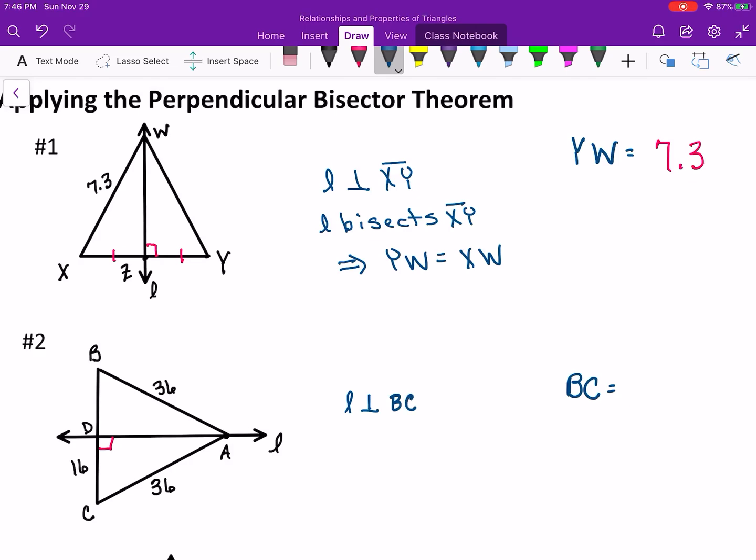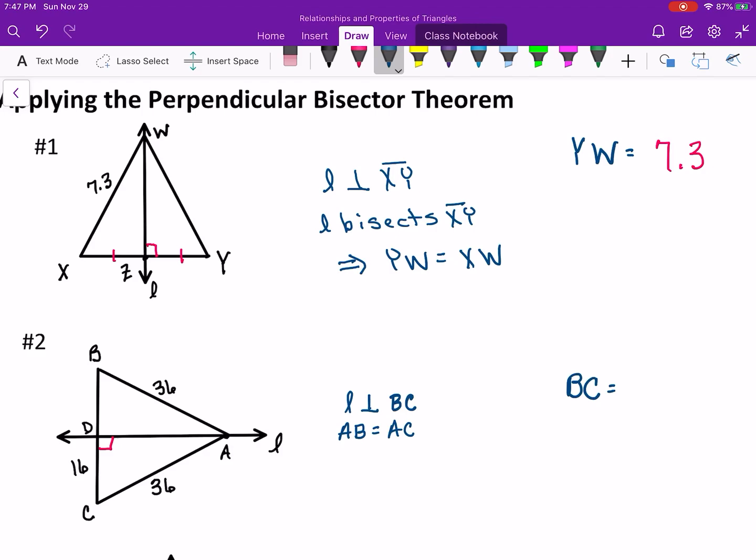We're given that, because we can see that by the little red mark. And if you look at all the measurements, we're also given that AB has the same length as AC.